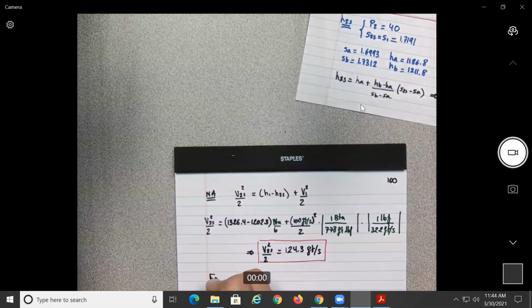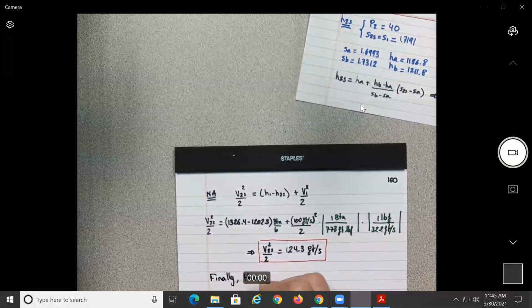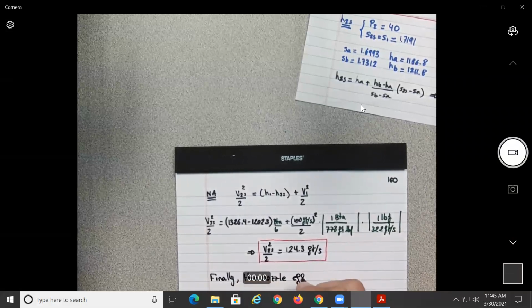So finally, the nozzle efficiency is equal to what?